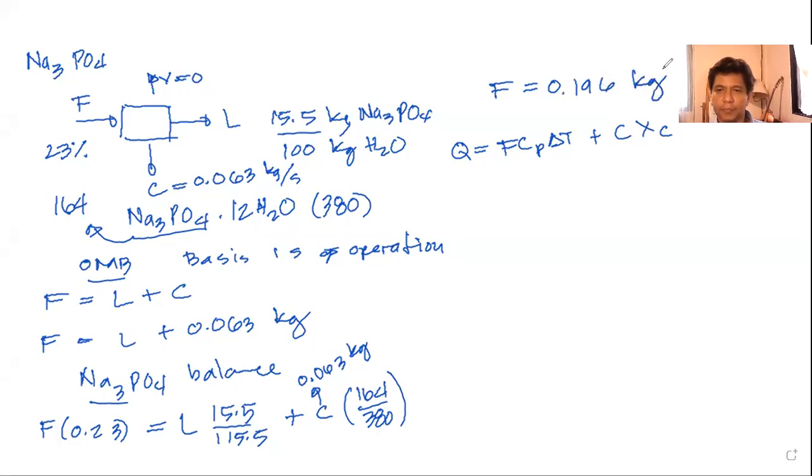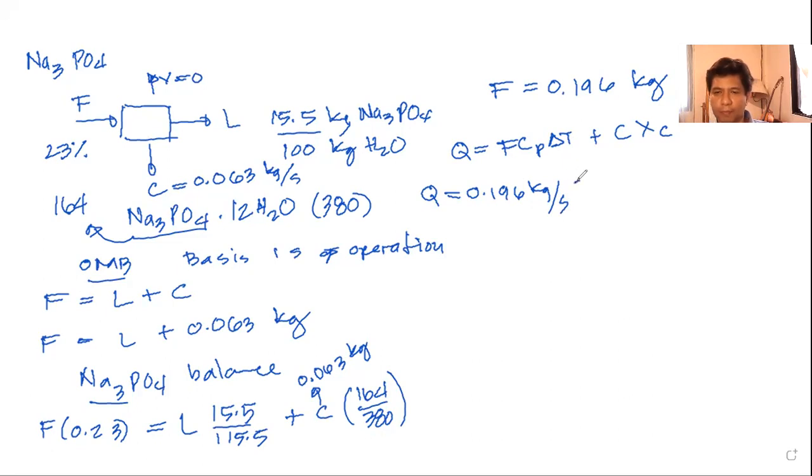Then, try to solve for Q using this equation. Do you still remember this? F Cp delta T plus C lambda C. So for Q, F is 0.196. This is actually kilogram per second. Then the given Cp in the problem is 3.2.